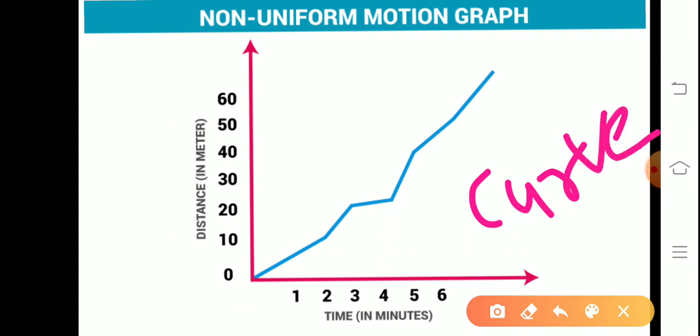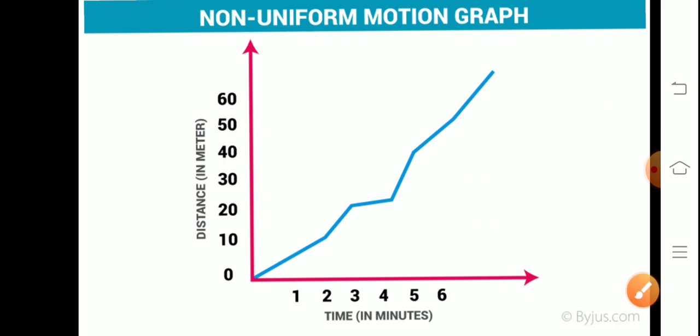This curve indicates the object having non-uniform motion. Examples are motion of vehicles at corners, at traffic jams, at signals, in villages, on sticky roads. You can take so many examples of non-uniform motion. And if you get a curve in the distance and time graph, that indicates non-uniform motion.